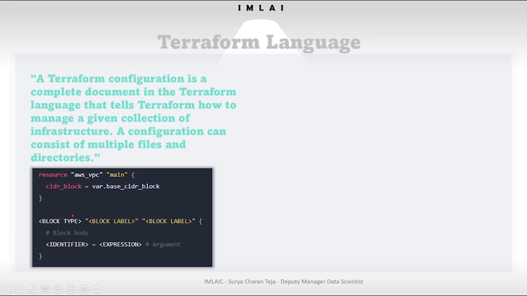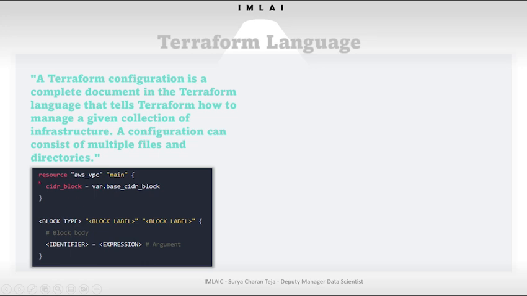There you will have an identifier equal to an expression. This is called an argument. You write a number of arguments, argument 1, argument 2, argument 3, and each argument consists of an identifier, like a variable name, equal to an expression, and then your block is closed.